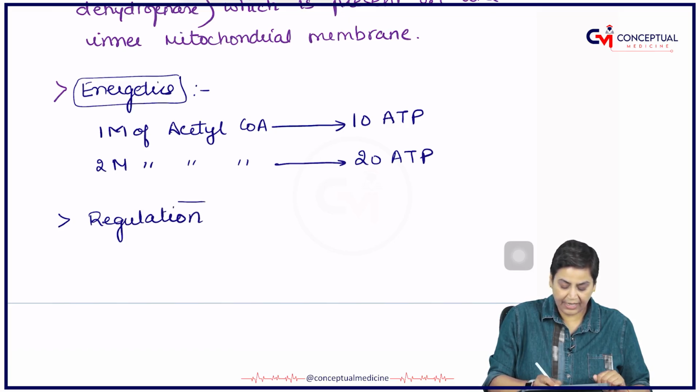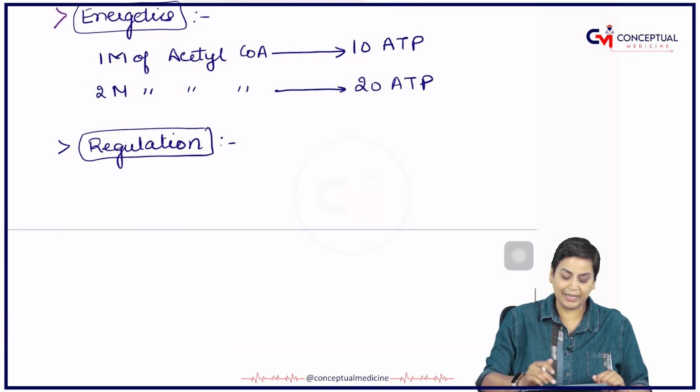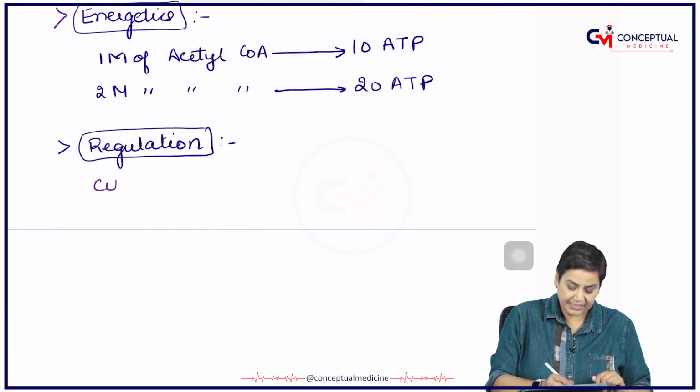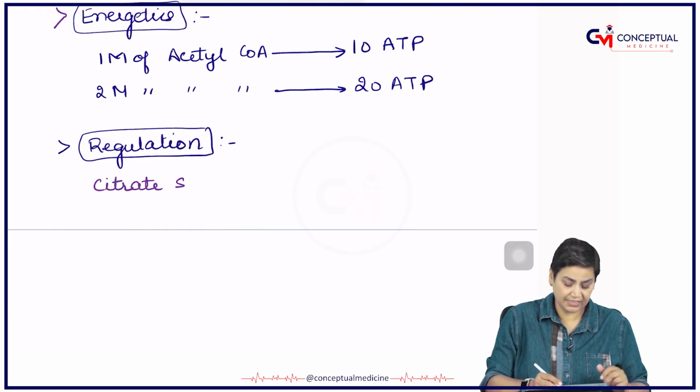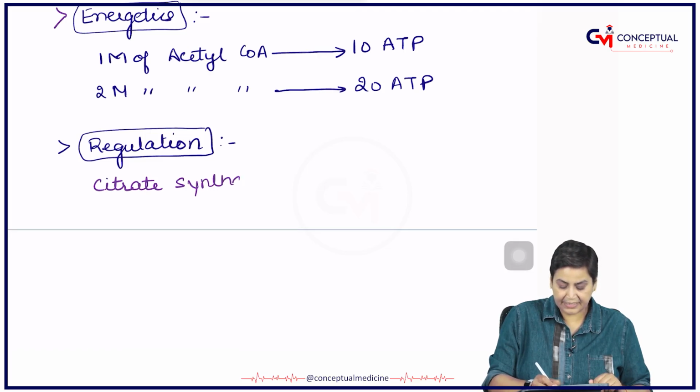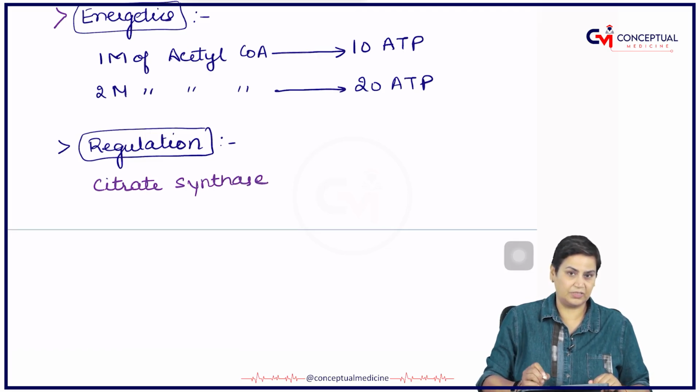And if we talk about the regulation, there are three very important enzymes which play a very important role in regulating the entire TCA cycle. One is citrate synthase, obviously which is the first step, and it has to be irreversible.